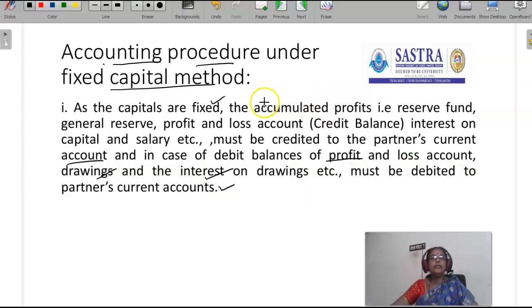These are all the income of the partners, and so they must be credited; drawings and interest on drawings are expenses to the partners, and so they must be debited. This is the first step in the accounting procedure under the fixed capital method.